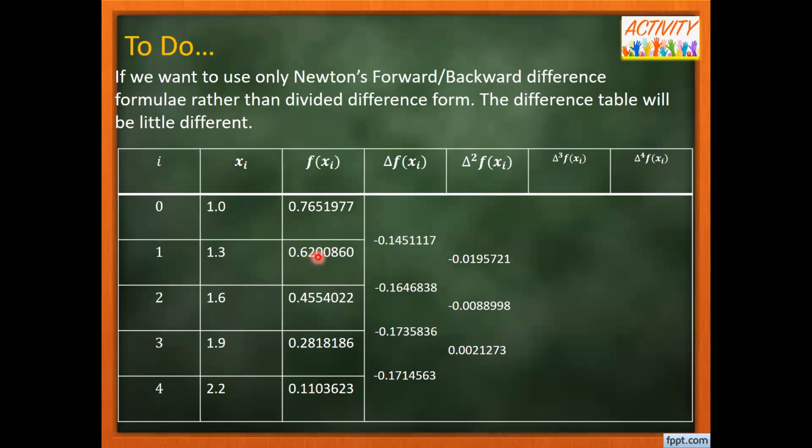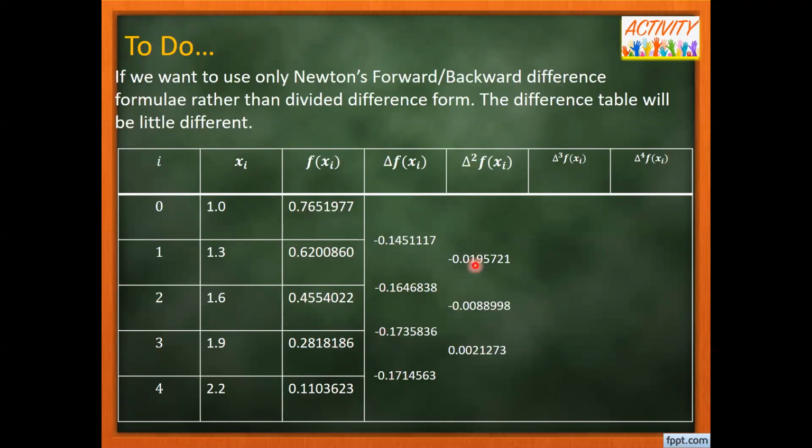So in this case, it is going to be 0.6200 minus 0.765, and you will get this value. Then to calculate this one, 0.455 minus 0.62, you will get this value. You need to subtract these ones to get this and subtract these ones to get this.